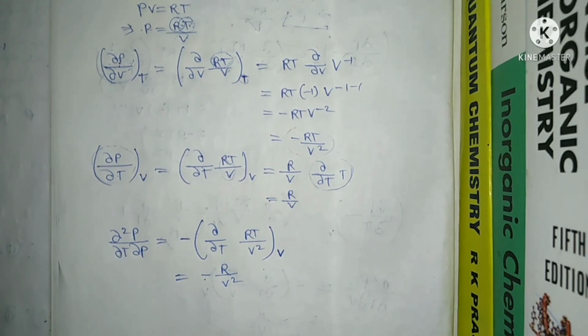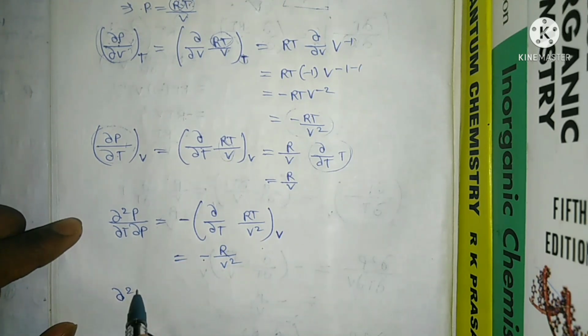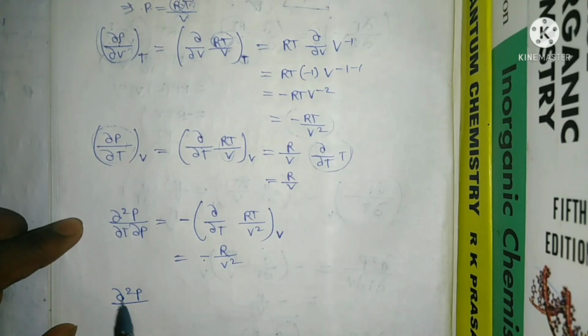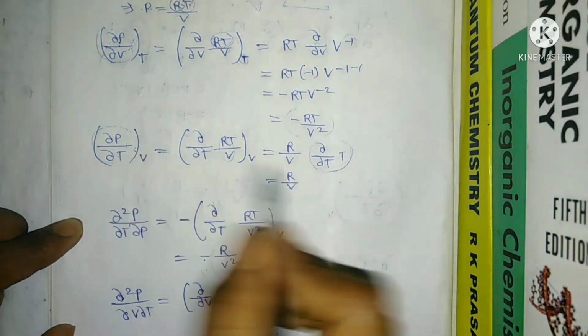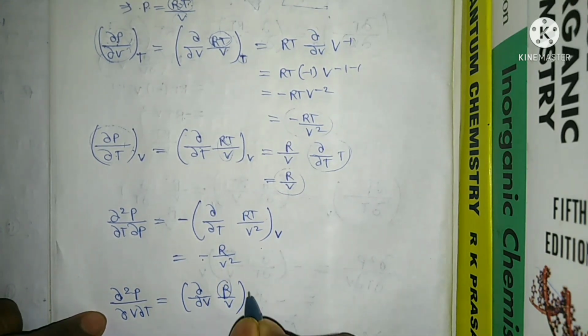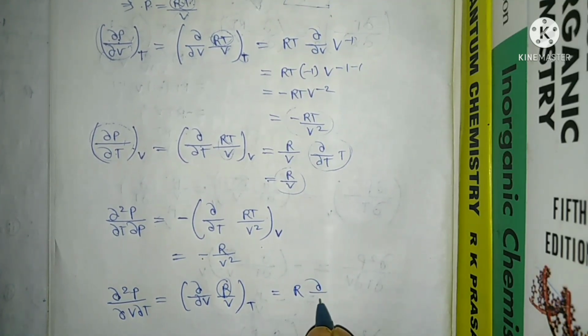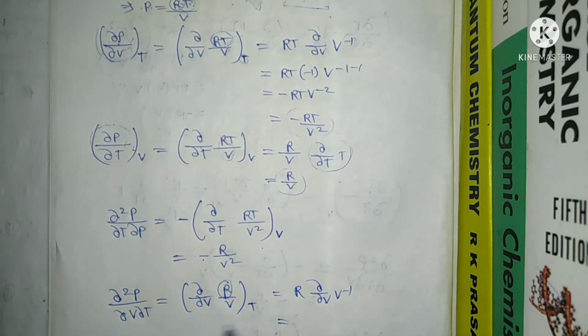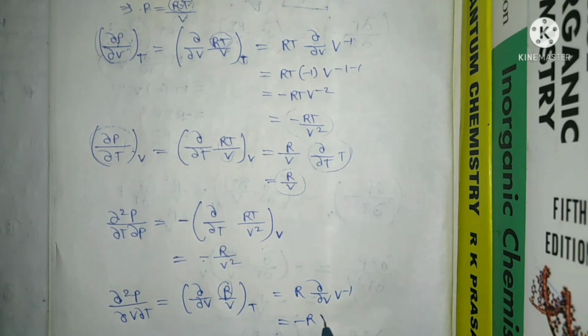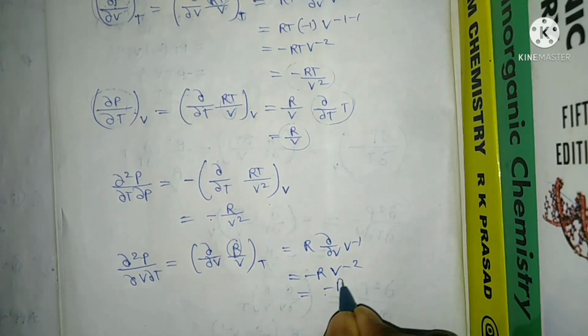The same is applied here: ∂²P/∂V∂T. We found R by V at constant temperature. R is constant, so it goes out, and differentiating V inverse gives R V to the power minus 2, equal to minus R by V square.